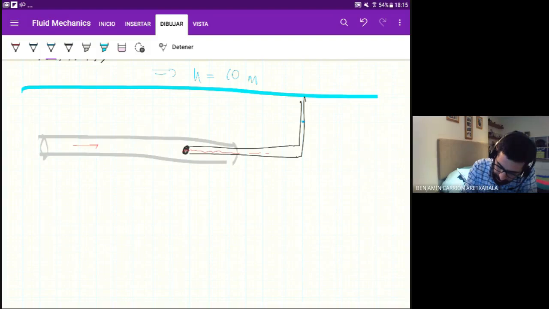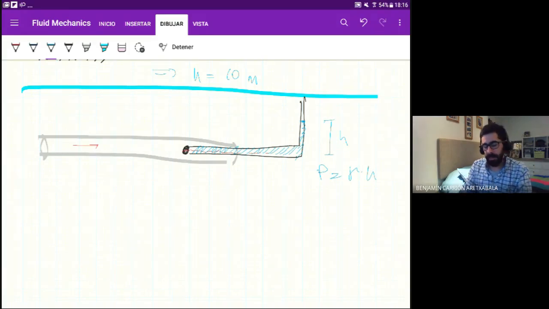So all of this will be filled with fluid. It could be water, it could be anything. So the pressure of the fluid inside the manometer will be proportional to this height. Again, the pressure will be gamma times h.